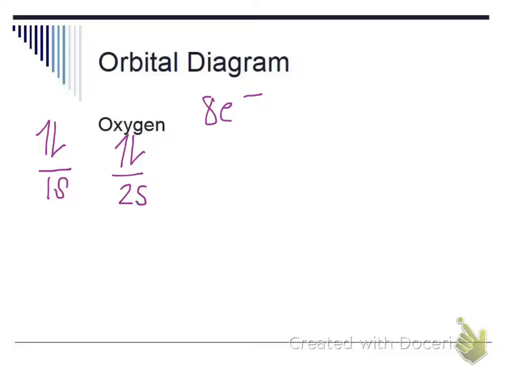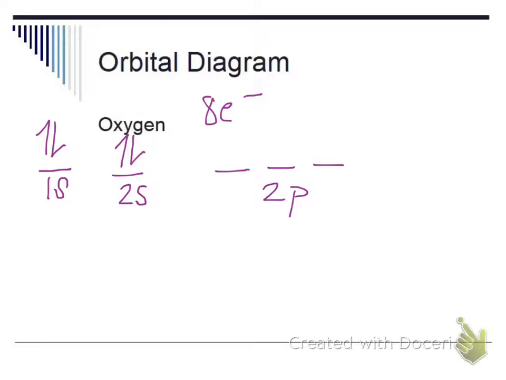How many orientations or orbitals are in a p? 3. So I'm going to draw 3 lines: 1, 2, 3. This is my 2p orbital. I have 4 electrons that I still need to add. According to Hund's rule, everybody gets an up before they get a down.